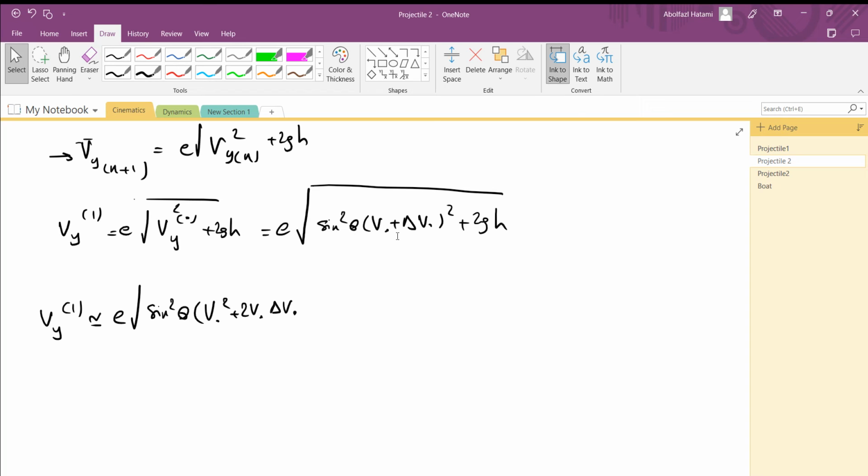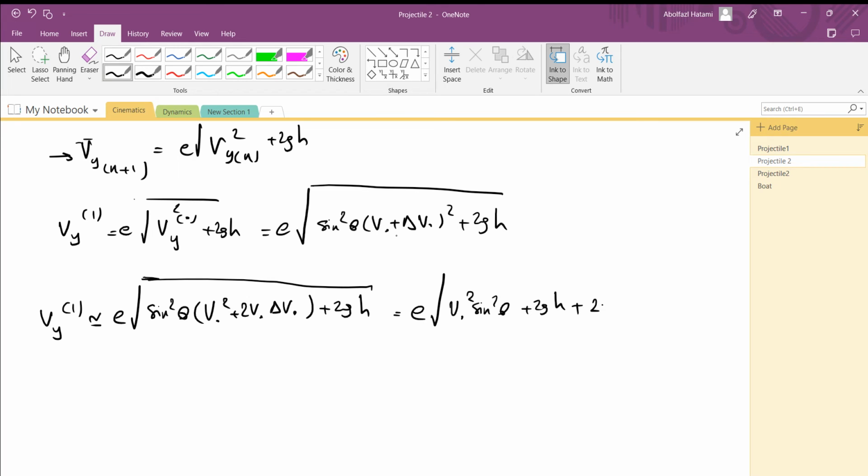We suppose that it is 0 plus 2gh, and it is equal to something like this: v0 square sine square theta plus 2gh plus 2v0 delta v0 sine square of theta.